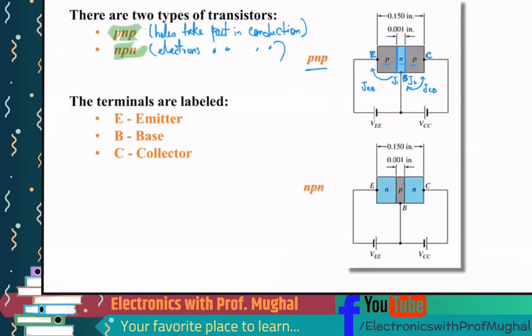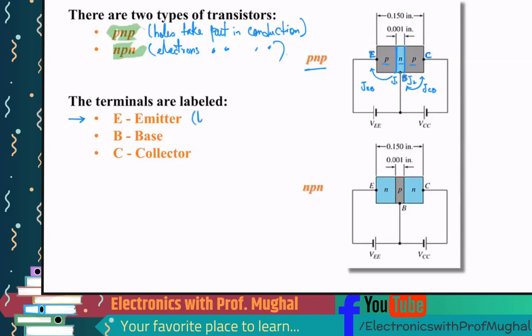So a diode is a two-terminal device, while a transistor is a three-terminal device. One is the emitter terminal, which is large in size and highly doped.